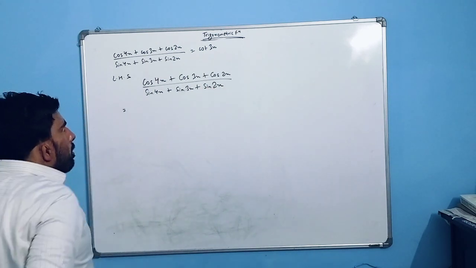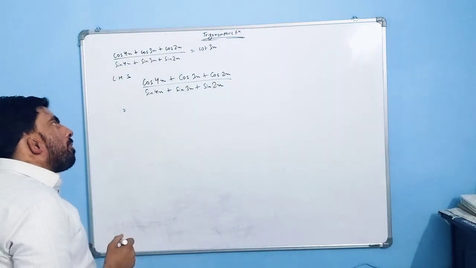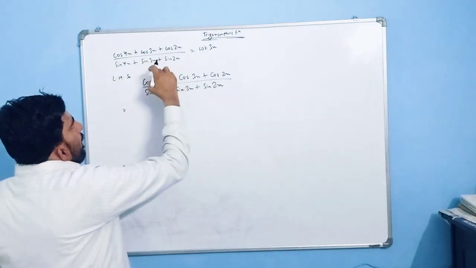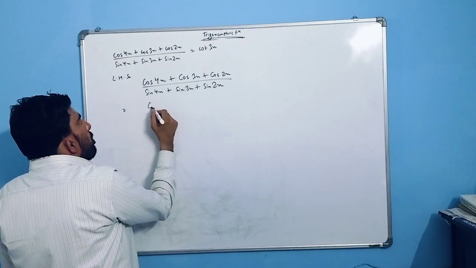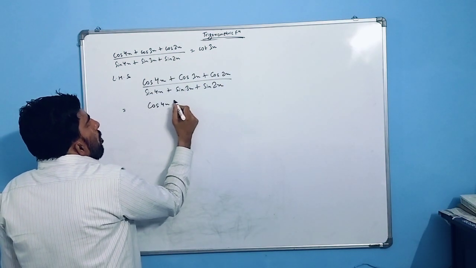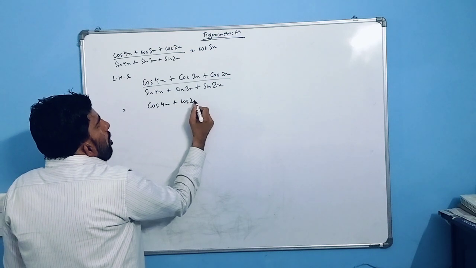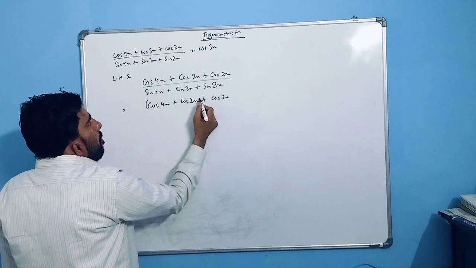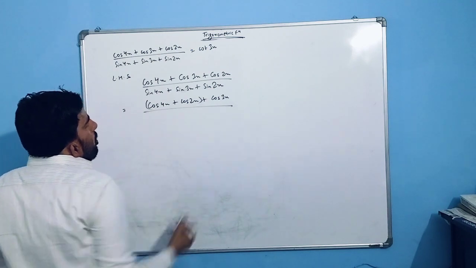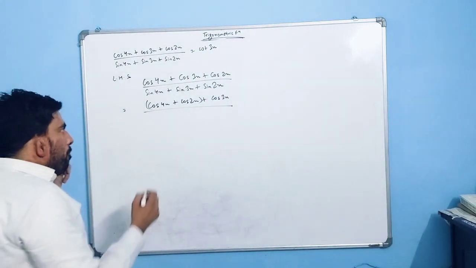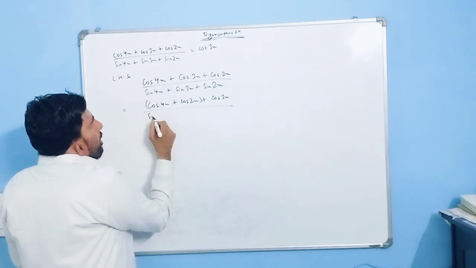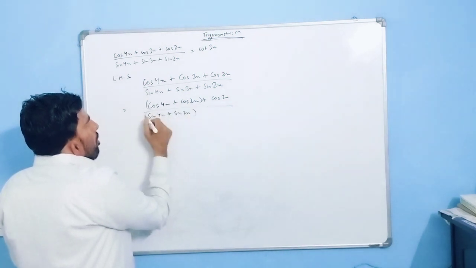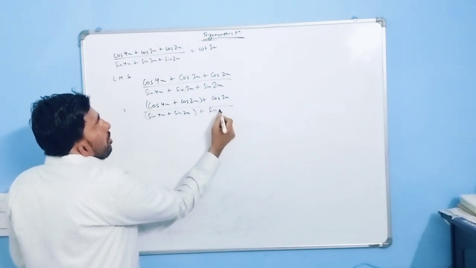Now in cos 4x plus cos 3x plus cos 2x, what we can do is take cos 4x plus cos 2x, and keep cos 3x aside. In the denominator also we'll do the same, that is sin 4x plus sin 2x, keeping sin 3x aside.